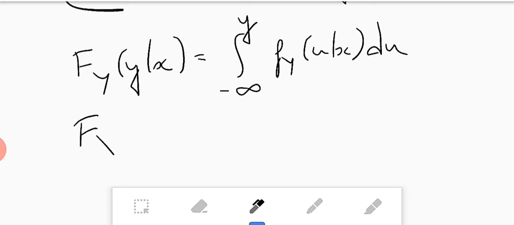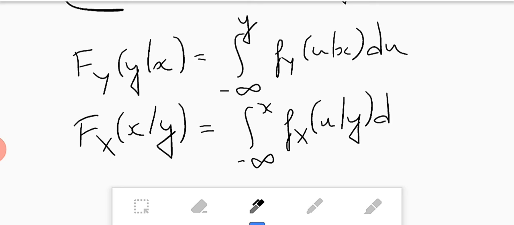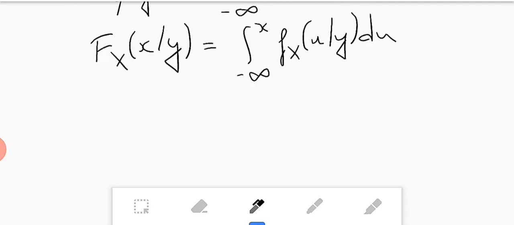Similarly for variable x, the variables just interchange. I hope the CDF is understood.